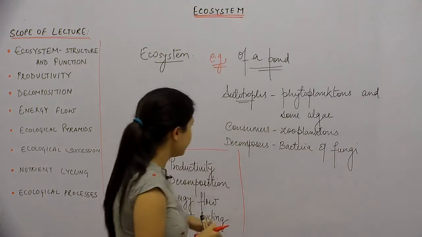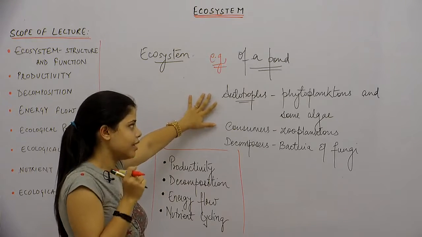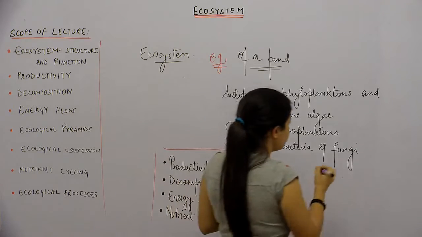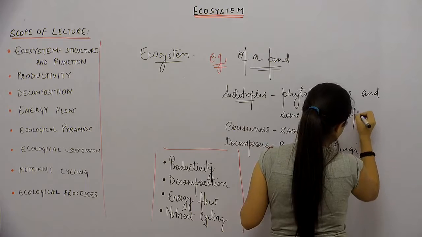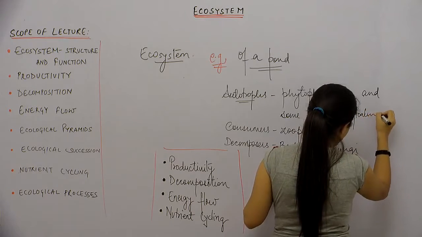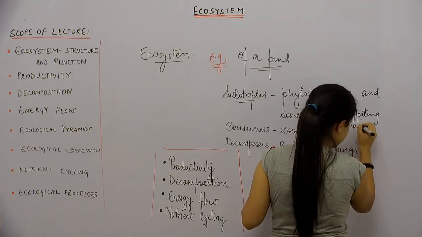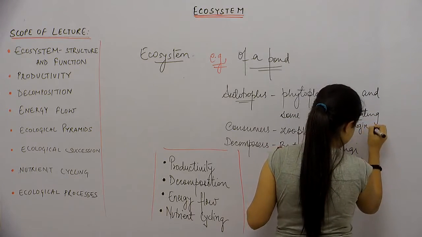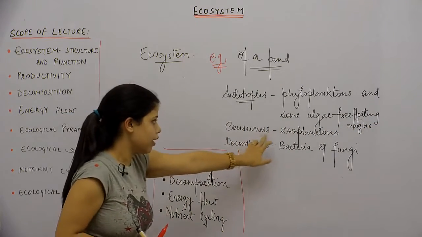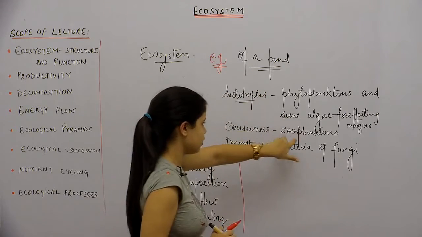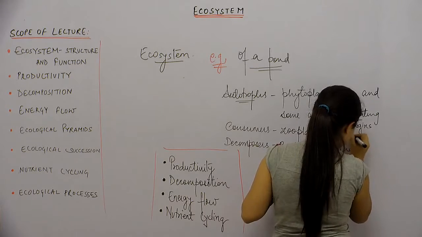So, in the pond, there are these autotrophs, which are the phytoplanktons and some algae, which are usually free floating and are usually present on the margins of the pond. Whereas the consumers, which in this case are the zooplanktons, are usually the bottom dwellers.